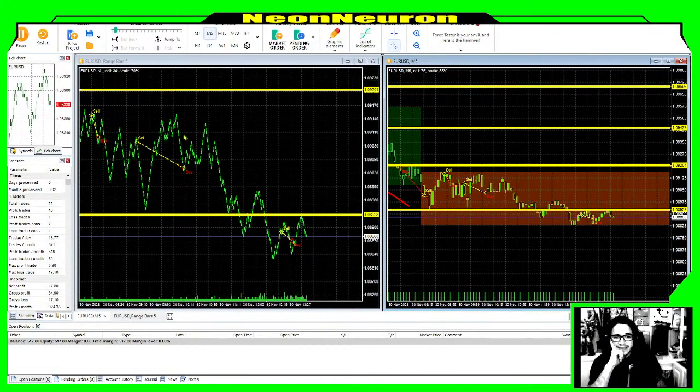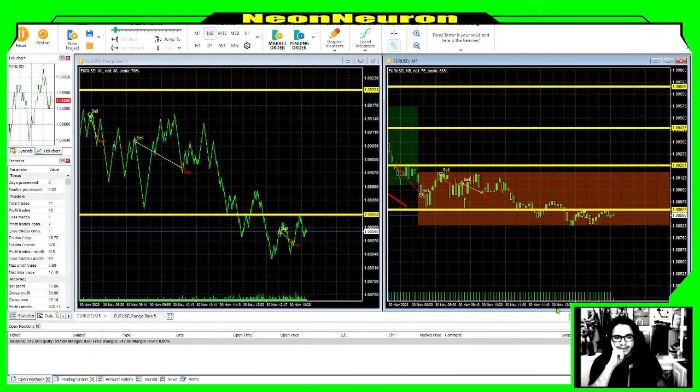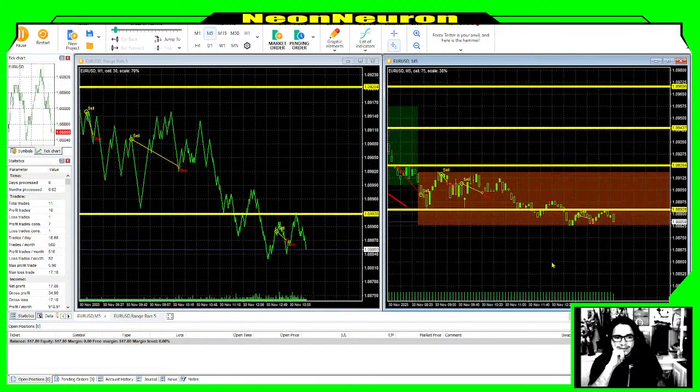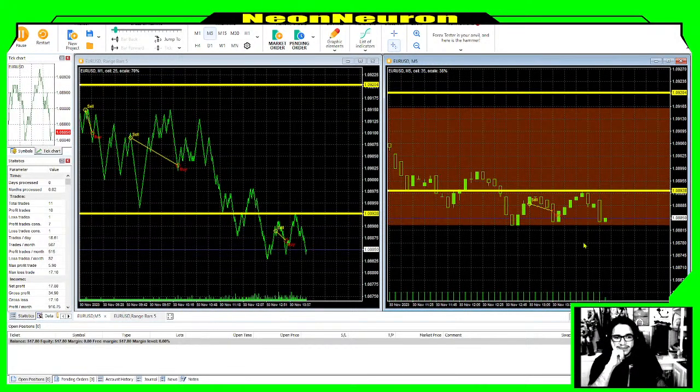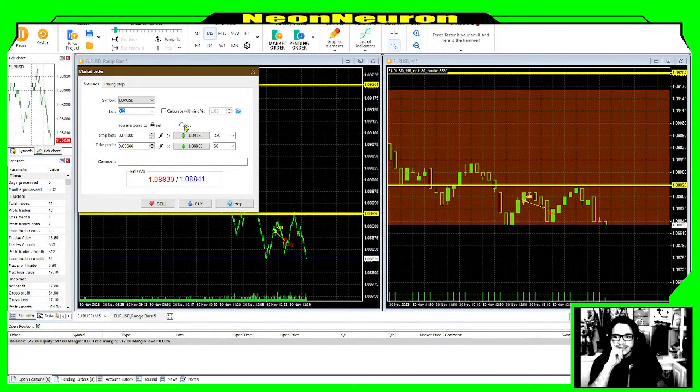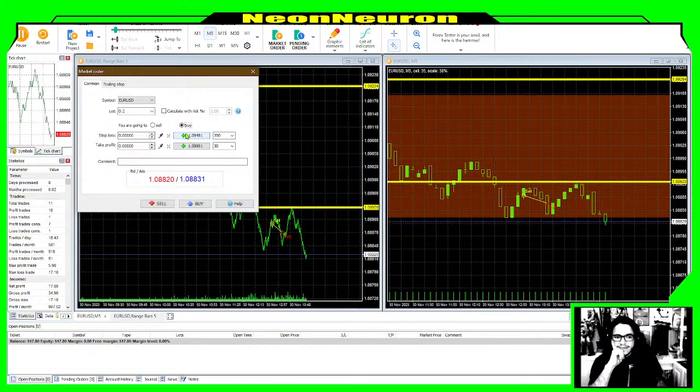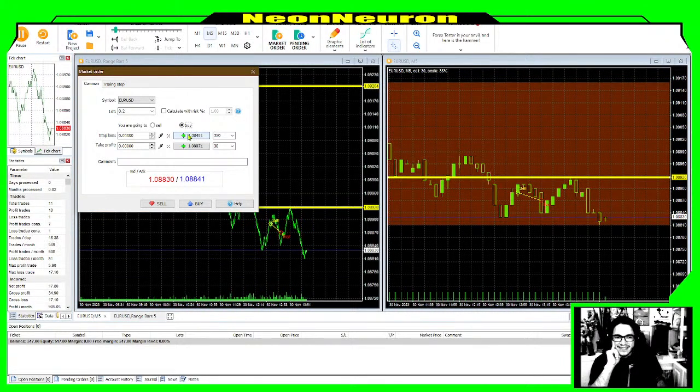Because it could be a buy. Well, this might be the bottom. And it's starting to look like a bottom. And I may have spoken too soon.